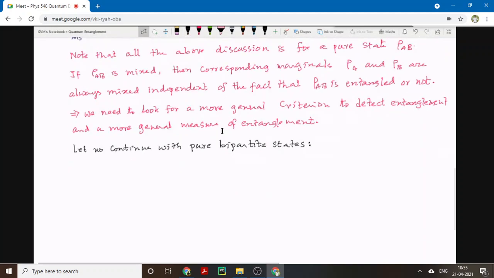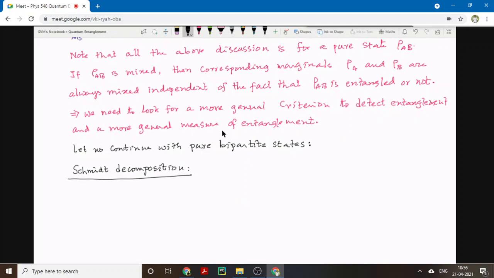Now, for pure bipartite states, we can do something called Schmidt decomposition. This is one of the oldest work on the entangled states. This is called Schmidt decomposition. Now let's try to understand what this Schmidt decomposition is.